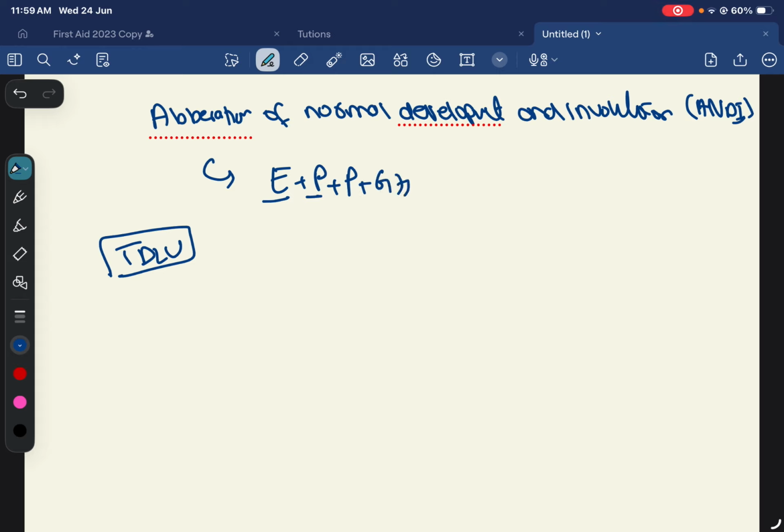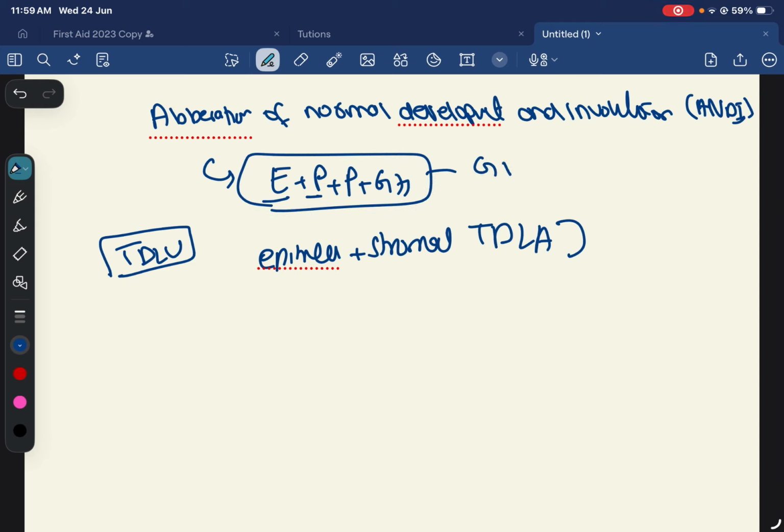These hormones act on the epithelial cells as well as on the stromal cells of the terminal duct lobular unit, acting as growth factors, which lead to variations and exaggeration of the normal breast tissue.